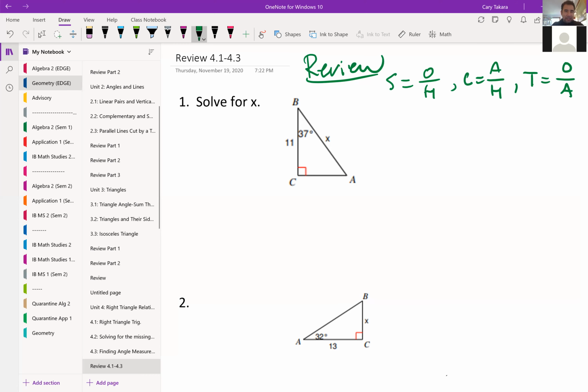So now let's begin. Number one. I want you to copy the triangle, and then I want you to label. Let's have you do this all by yourself. Okay, label, set up an equation, cross multiply, and then let's solve for x. I'll give you 2 minutes.